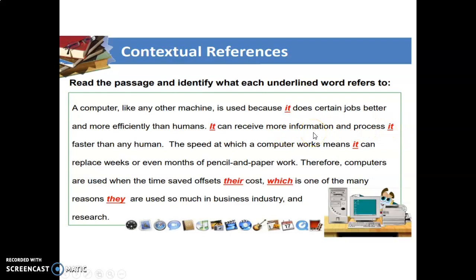So as you see, without knowing what they refer to, it's impossible for us to understand the message given in this text. So these highlighted words, these words given in red, are called reference signals or reference. And we have different types of reference.